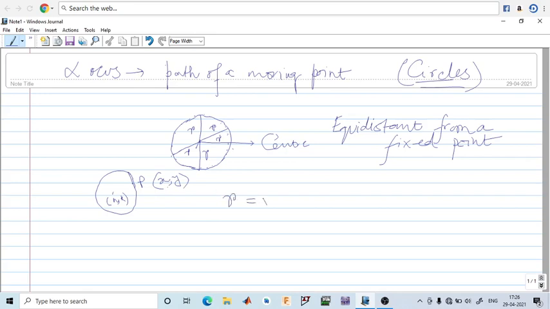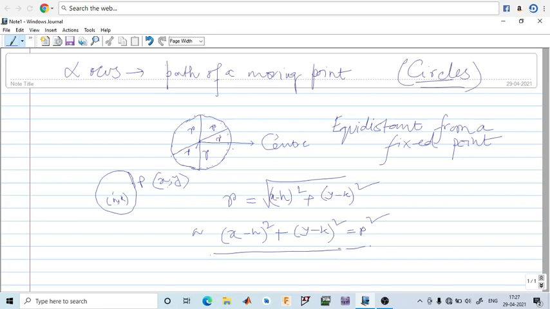From the distance formula we can say the radius equals the square root of (x minus h) whole square plus (y minus k) whole square. Squaring both sides we get (x minus h) whole square plus (y minus k) whole square equals r square. This is the equation of a circle with radius r.